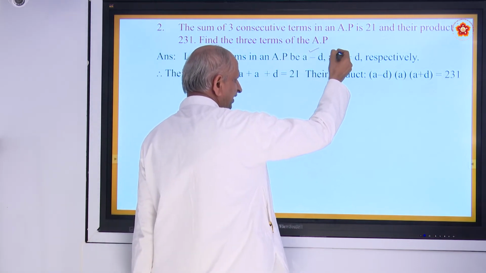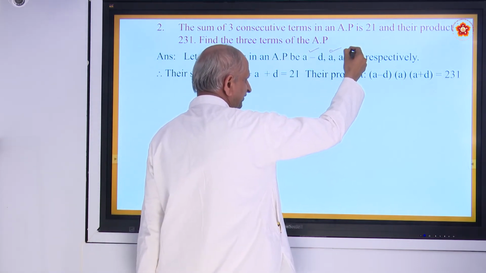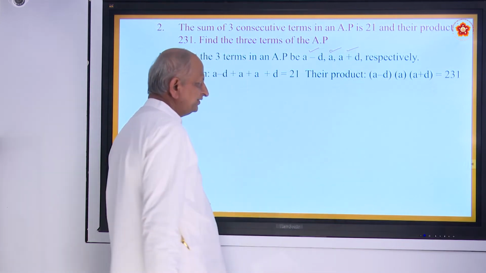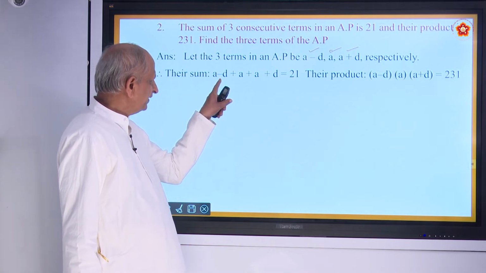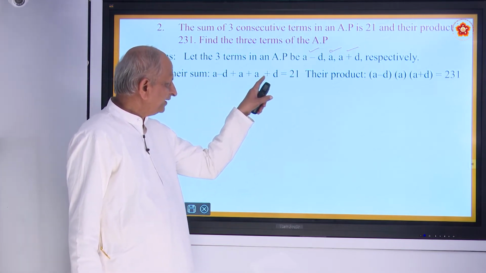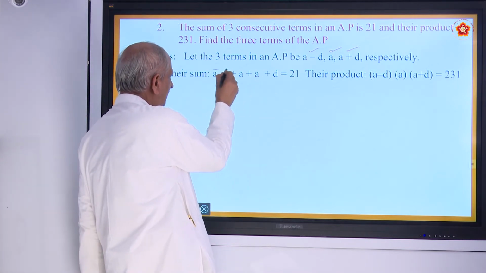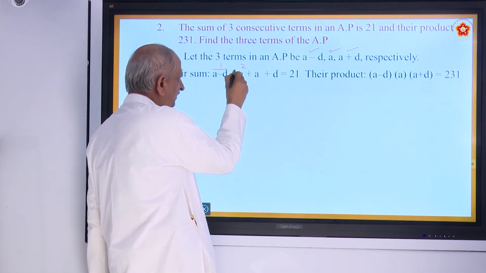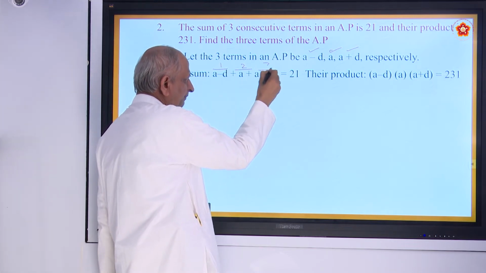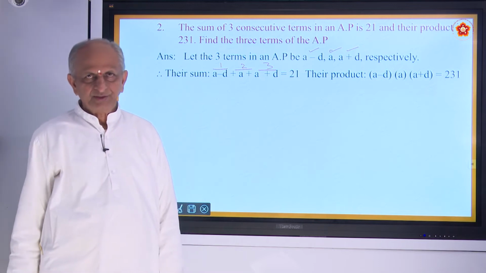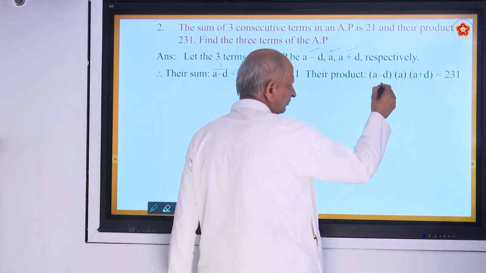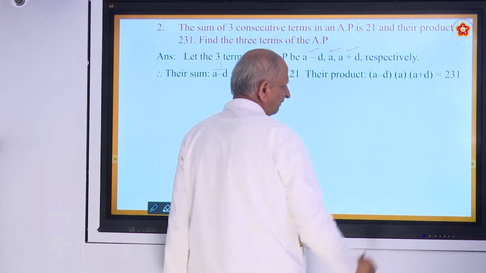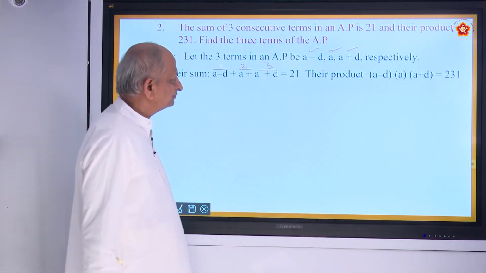First term as A minus D, second as A, third as A plus D. The sum is given: A minus D plus A plus A plus D. This is the first term, this is the second term, this is the third term. Add all that, you get 21. And the product is given. What does product mean? On multiplication you get 231, that is given.